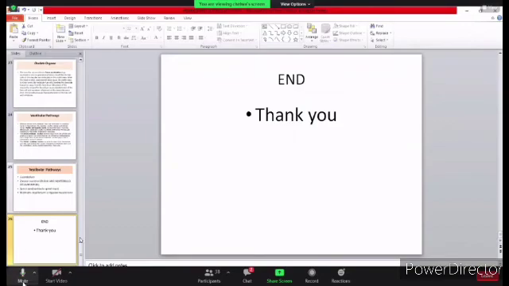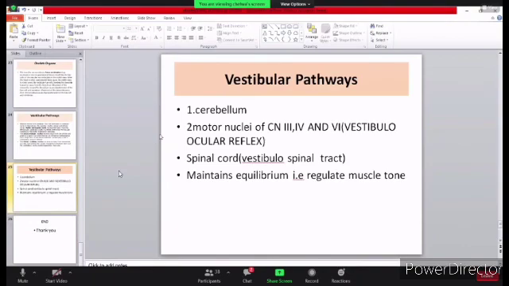Okay, so when there is interference on the vestibular pathway, remember, we said it's for equilibrium. So when there is interference of the vestibular pathway, it will depend. Say for example, I'll pick the one which is common and relatable to us, the motor nuclei of cranial nerve 6, the one responsible for the eyes.